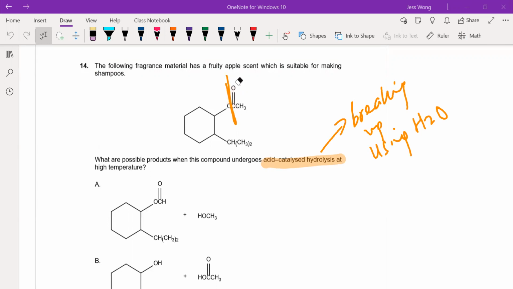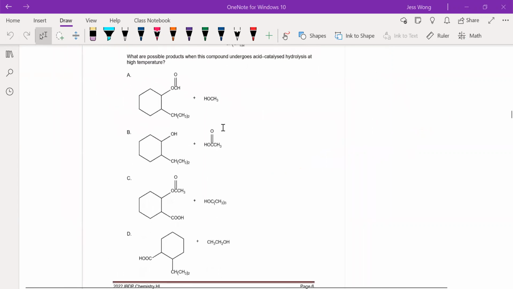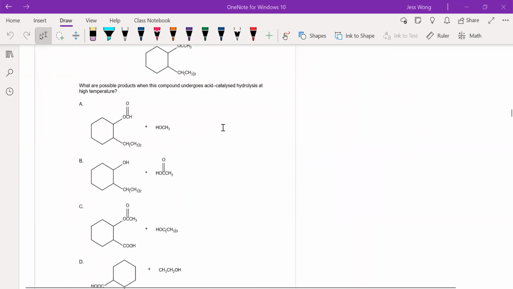We have a 2-carbon acid. So we need to find a 2-carbon acid in the answer, and the other part is the alcohol. So therefore, the answer will be B, because it's quite obvious that B is a 2-carbon acid. The rest don't have a 2-carbon acid, and then that was the alcohol.